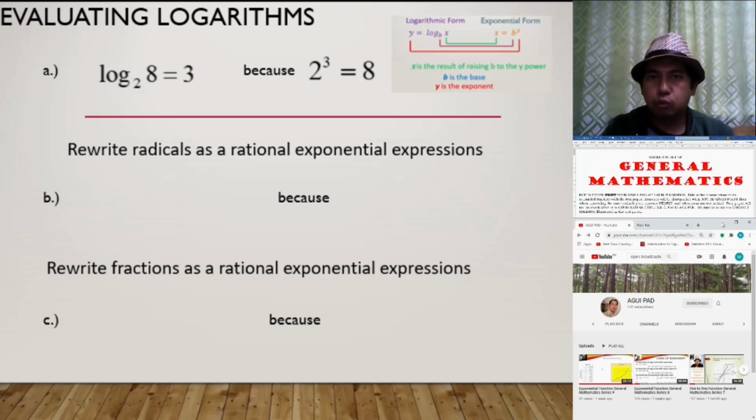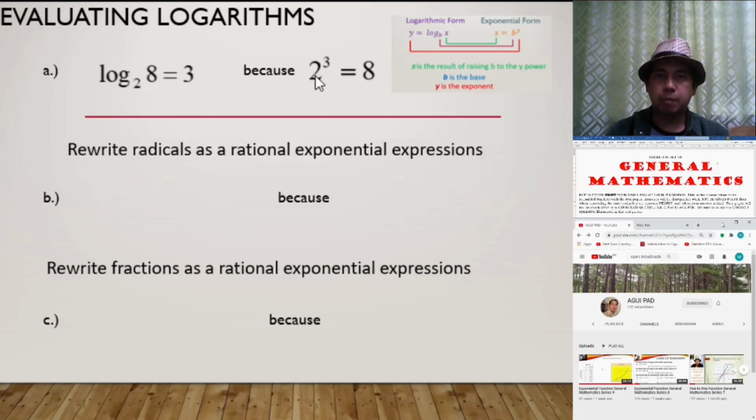The result, 8, is always my result in the exponential form. So the exponential form of log of 8 with a base of 2 equals 3 is 2 raised to 3 is equal to 8. Try to look at my pointer: 2 raised to 3 is equal to 8.